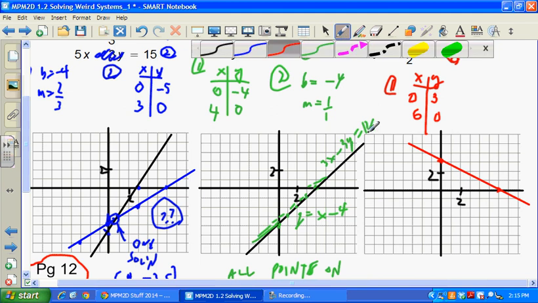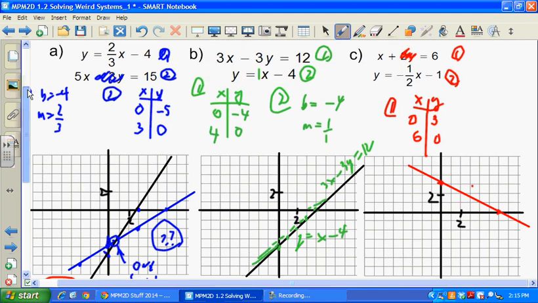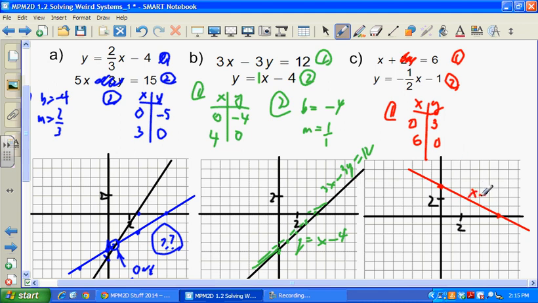Nice. And this one is in the nicer form, even nicer.